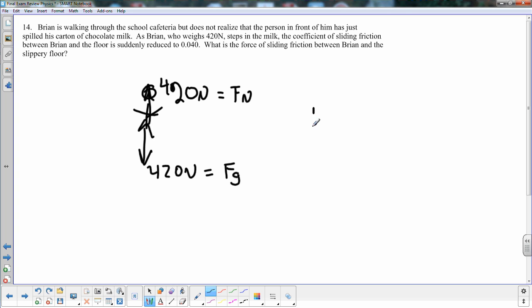And the normal force we figured out because we know its weight force is 420. 0.04 times 420 should be 16.8 newtons. That's all the force that this poor kid has holding him on the floor, preventing him from slipping. 16.8 newtons. Okay, continuing.